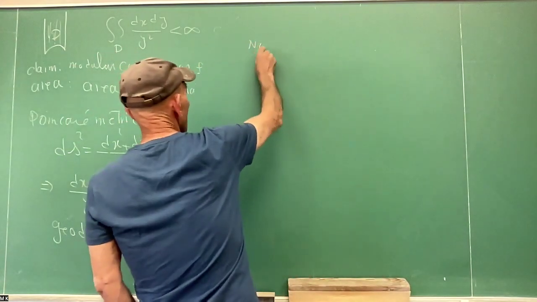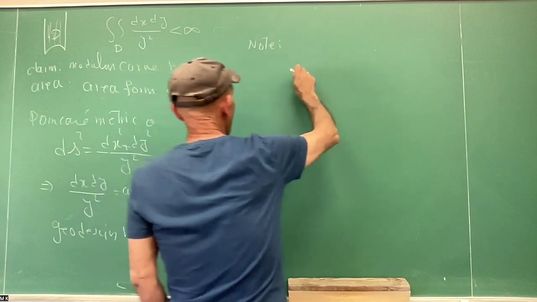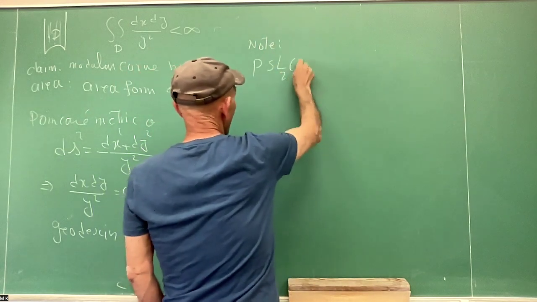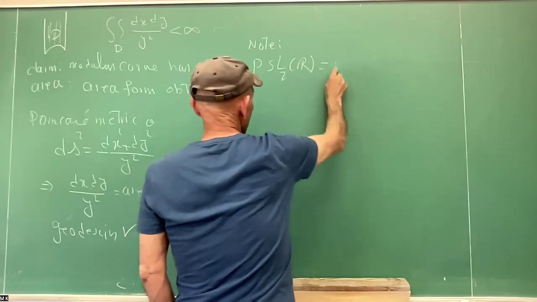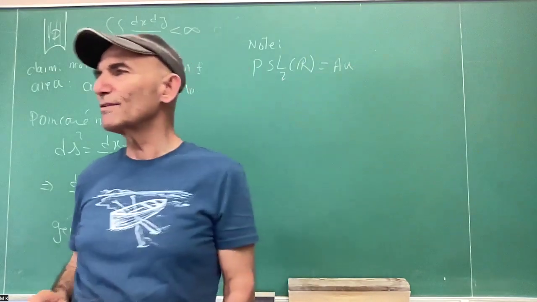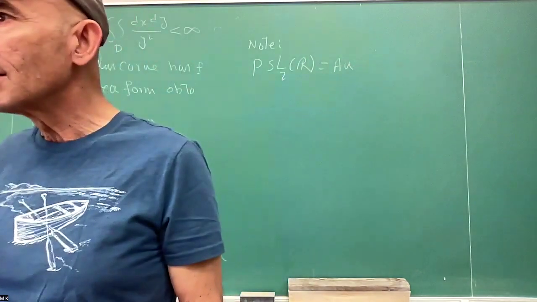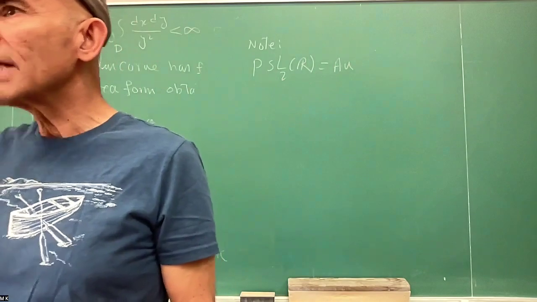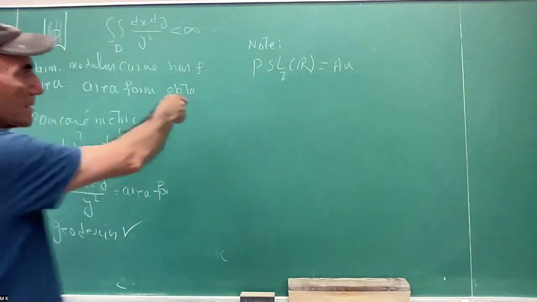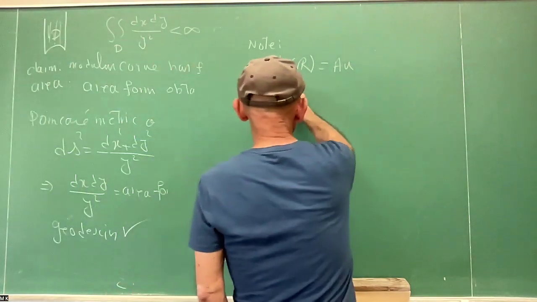So note that PSL2R is exactly the automorphisms of H. Did I write PSL2Z is automorphisms of H? No, I wrote automorphisms of H inside. Yeah, this is the automorphisms of H. It's exactly PSL2R.